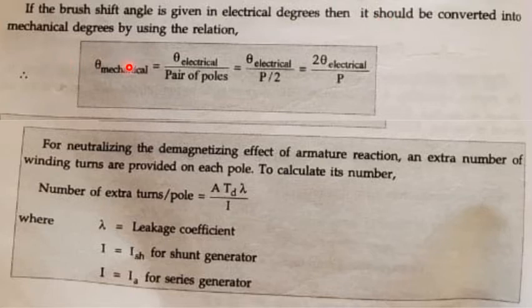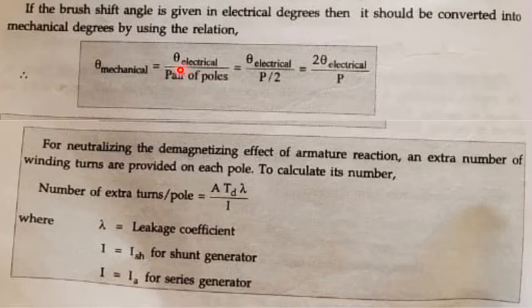The brush may be shifted in either the clockwise or anti-clockwise direction, according to the rotation of the rotor, or according to the shifting of the MNA. Theta mechanical is equal to theta electrical divided by the pair of poles.